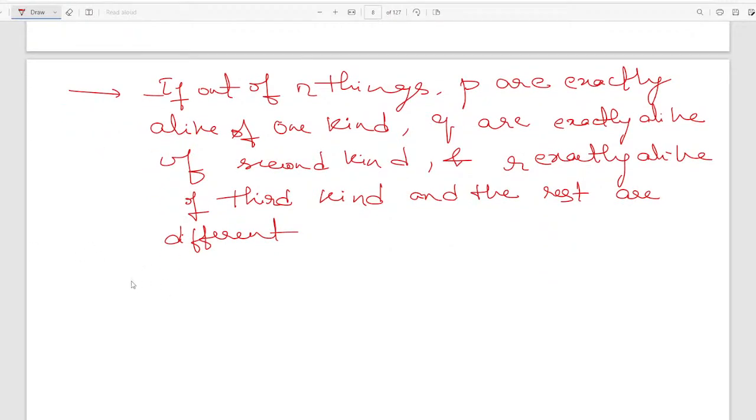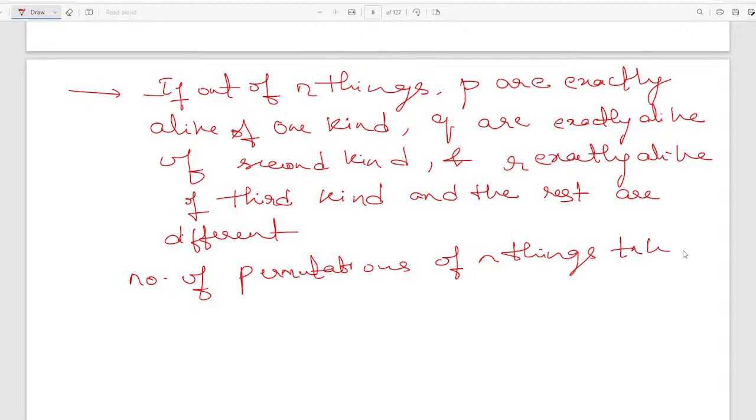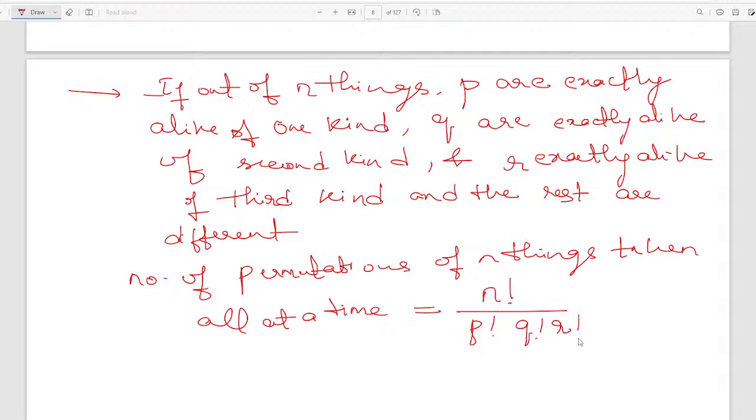Then the number of permutations of n things taken all at a time is given by n factorial divided by p factorial into q factorial into r factorial.